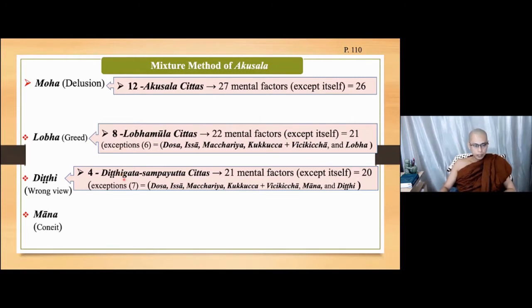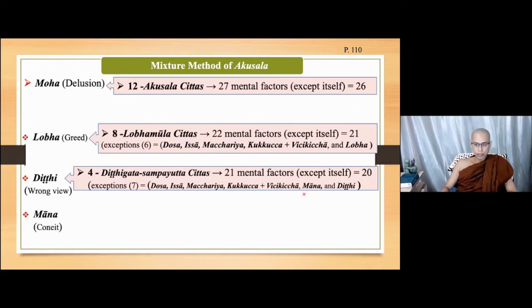Then Ditthi. Ditthi arises with the Ditthigata Sampayutta Citta, with 21 mental factors. If we take out Ditthi itself, it becomes 20. Then 7 are exceptions, because Ditthi does not associate with Dosa Mula Citta: Dosa, Issa, Macchariya, Kukkucca, and does not associate with Vicikiccha. So Vicikiccha and Mana, because when Ditthi is arising, Mana cannot arise, since Mana arises only in Ditthigata Vippayutta.